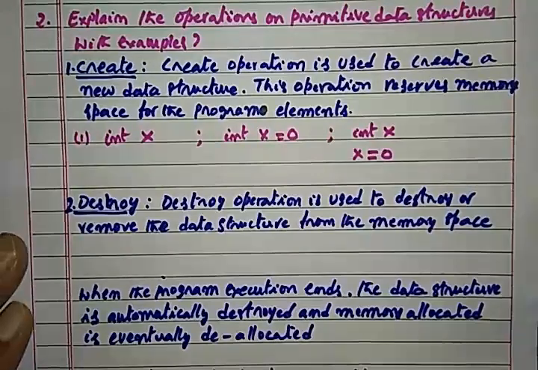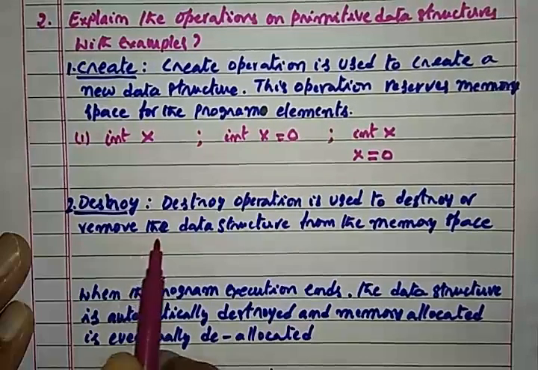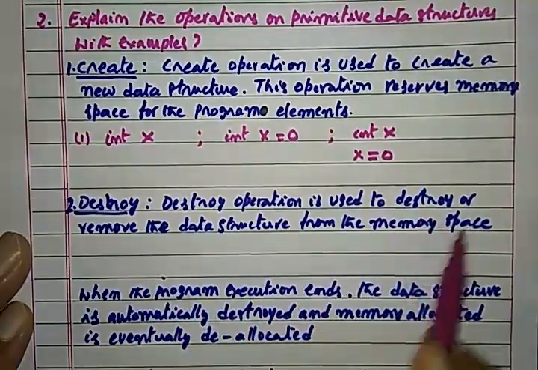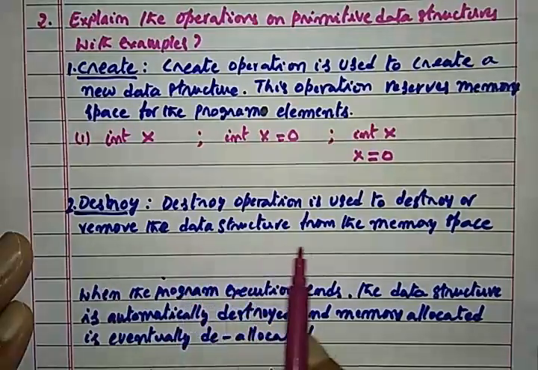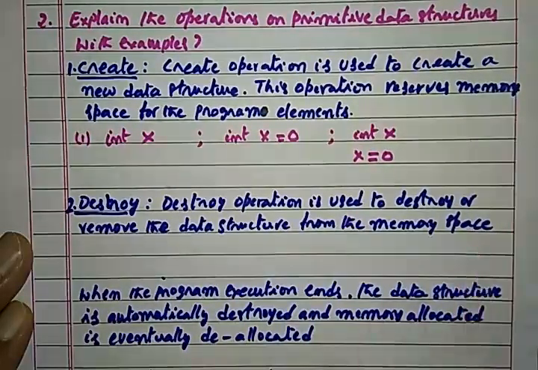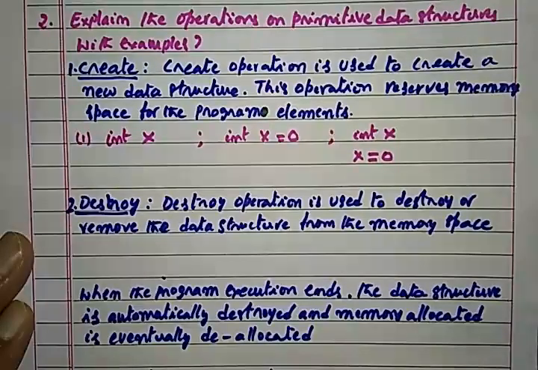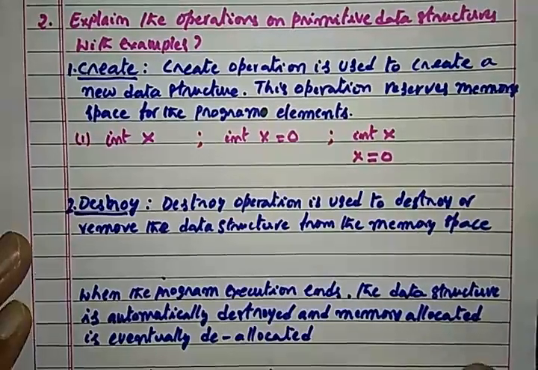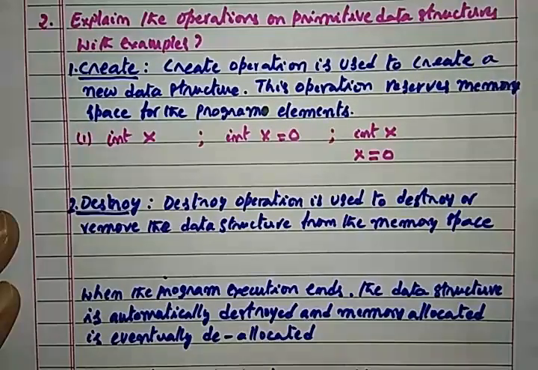Destroy. Destroy operation is used to destroy or remove the data structure from the memory space. Sometimes after use, it is not required. So you can remove it. How to remove it? Whenever it is necessary, you can remove it.